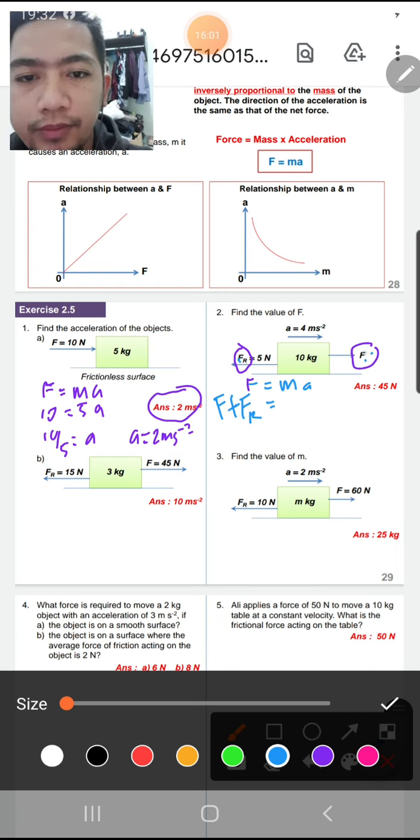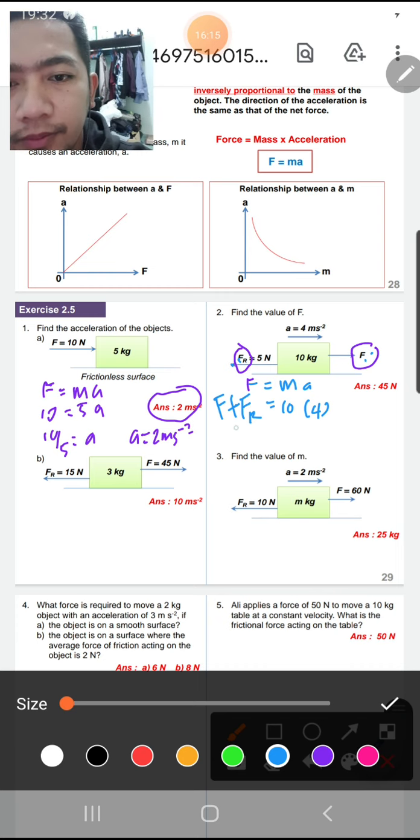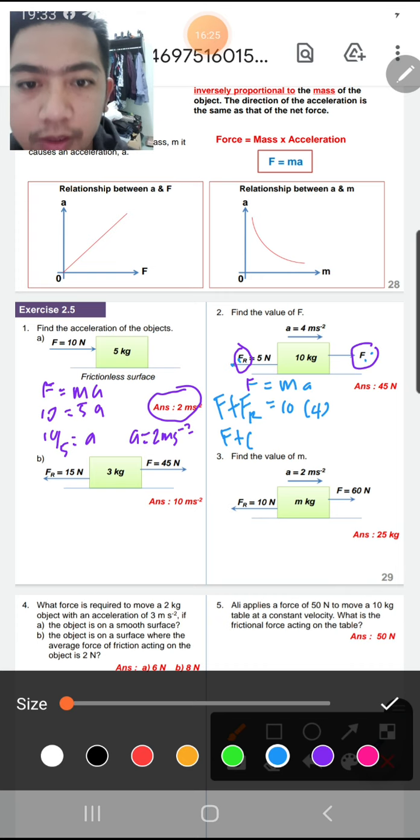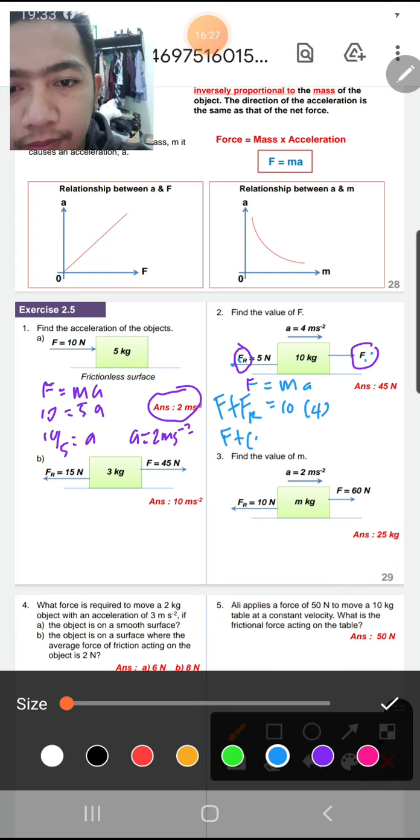So ada 2F. So F plus FR. So M here is the mass is 10. The value of acceleration is 4. So F yang kita cari, FR, so FR is negative 5.